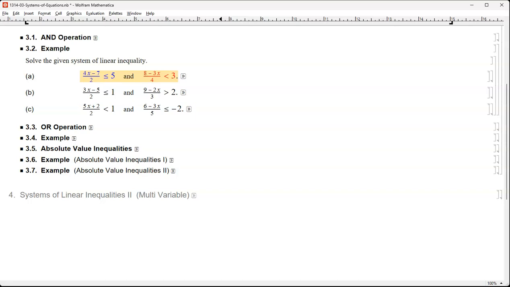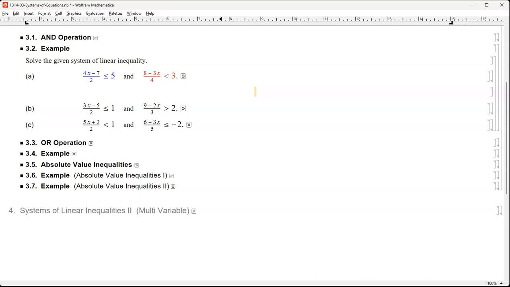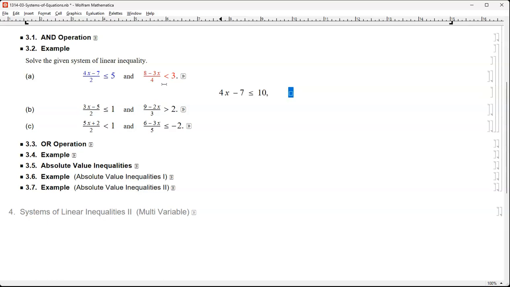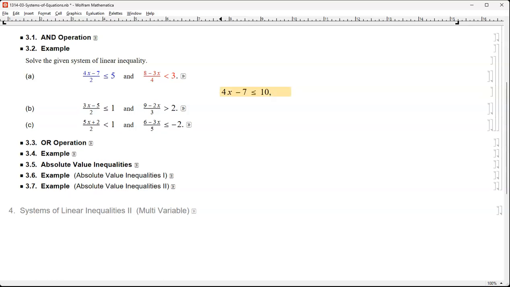And let's go ahead and solve each. It's not too bad. Both are easy. So 4x minus 7 is less than or equal to 10 if you flip over the denominator to the other side. And then flip this 7 to the other side. And then flip this 4 to the other side.